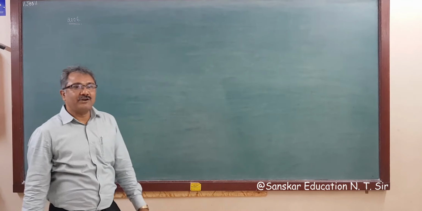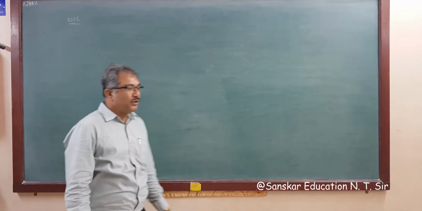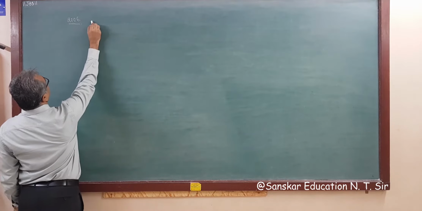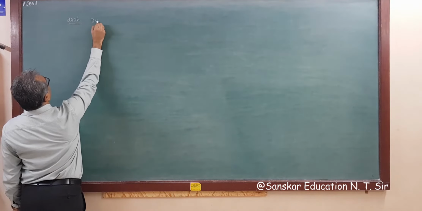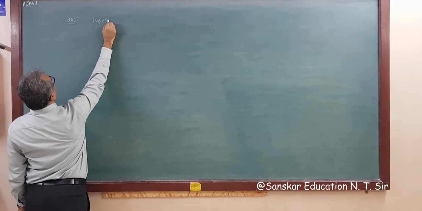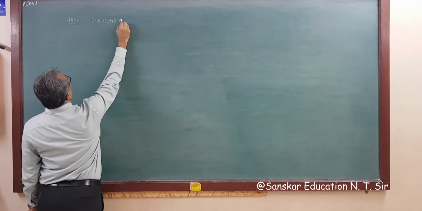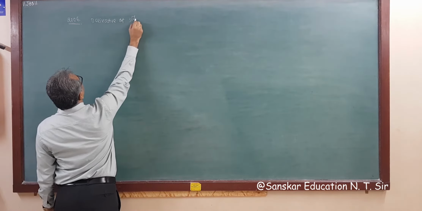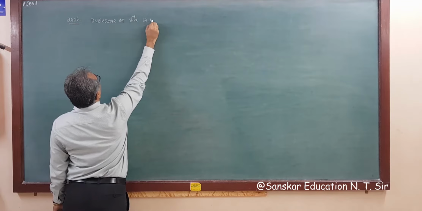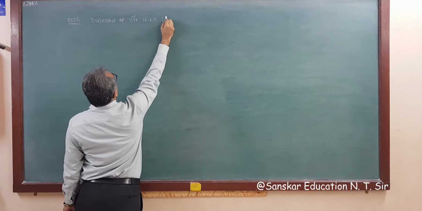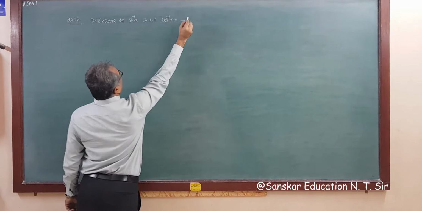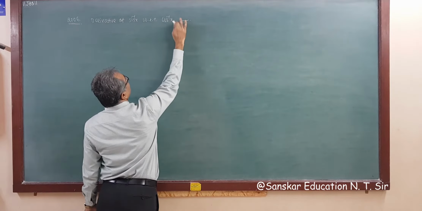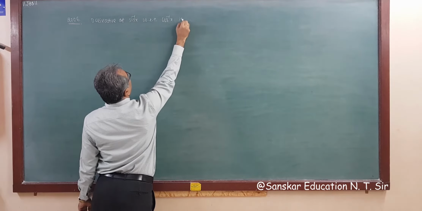Find the derivative of sin inverse x with respect to cos inverse x. So the question is: the derivative of sin inverse x with respect to cos inverse x is blank.